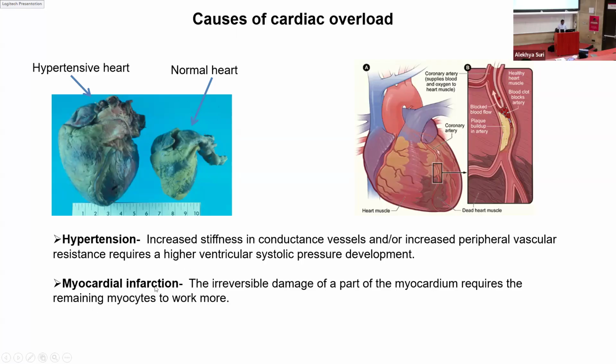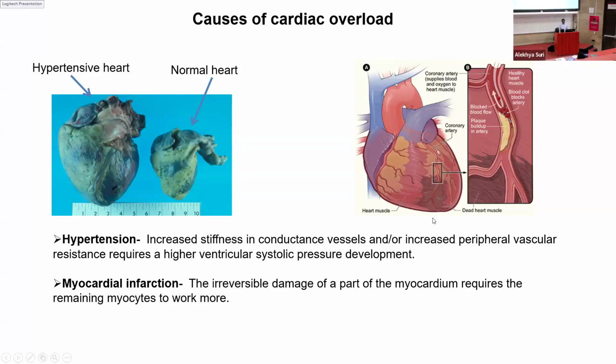And then the second one is myocardial infarction. Myocardial infarction is mainly caused by damage in the coronary artery circulation. So, for example, if there is an atherosclerosis in a coronary artery, part of the heart will lose its oxygen supply, so those cells will start to die, and then that will be replaced by scar tissue.